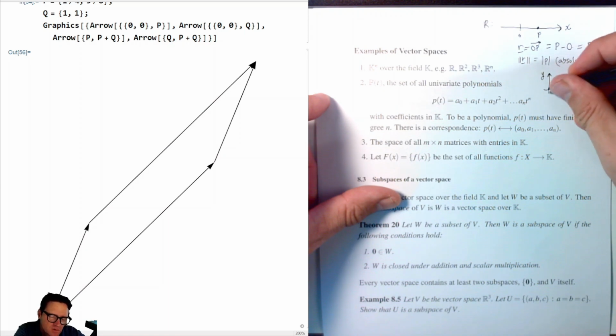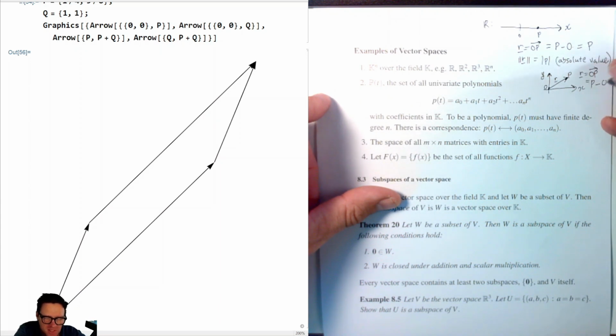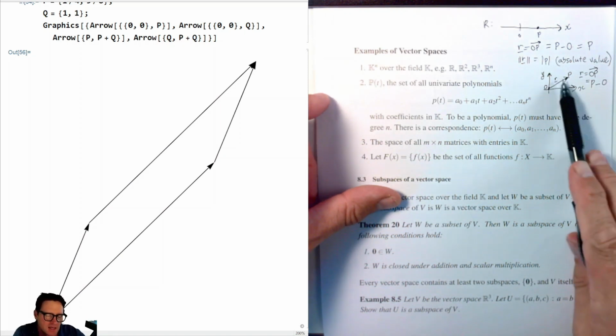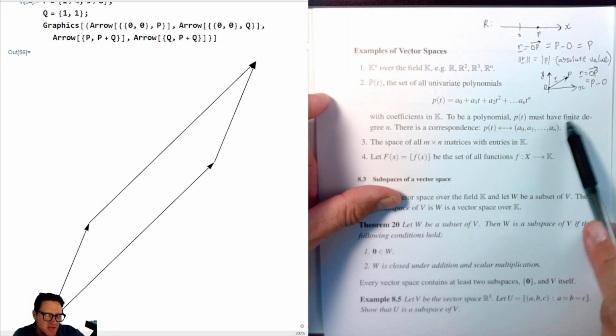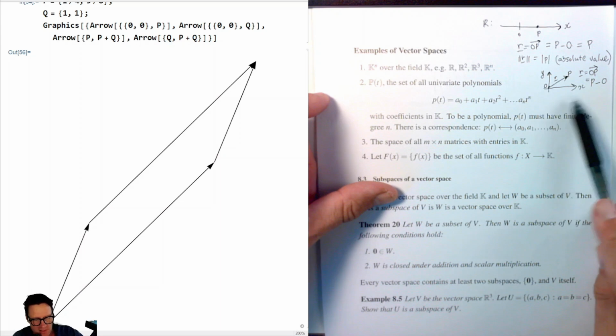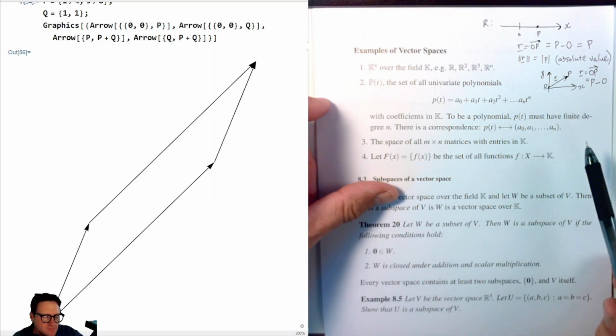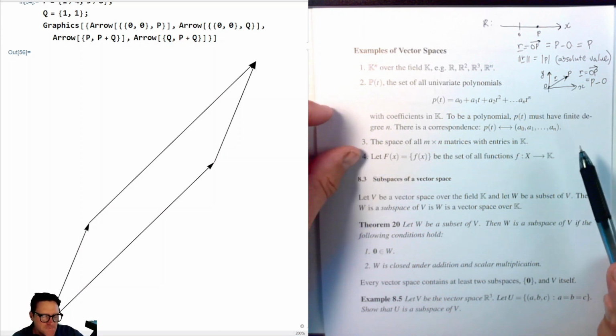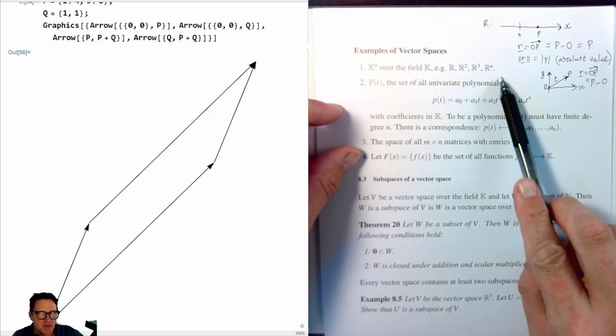So for example, the vector from O to the point P, again we can call this R, so R equals OP, taking points P minus O. And so R2 is the set of all such vectors that would correspond to two-dimensional arrows. And so on and so on.